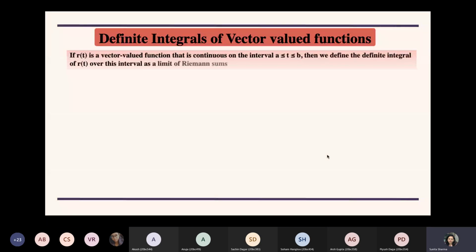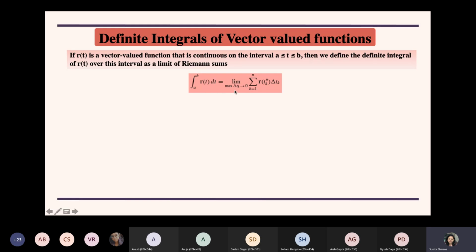Now we move to the integral part. So integrals, the way we have defined the other concepts, in the same way we are going to define the integration part also. First we begin with the basic definition, writing the definite integral as the limit of some sums. This is how we write it for a normal function, and even for vector valued functions we are going to write it in this manner.